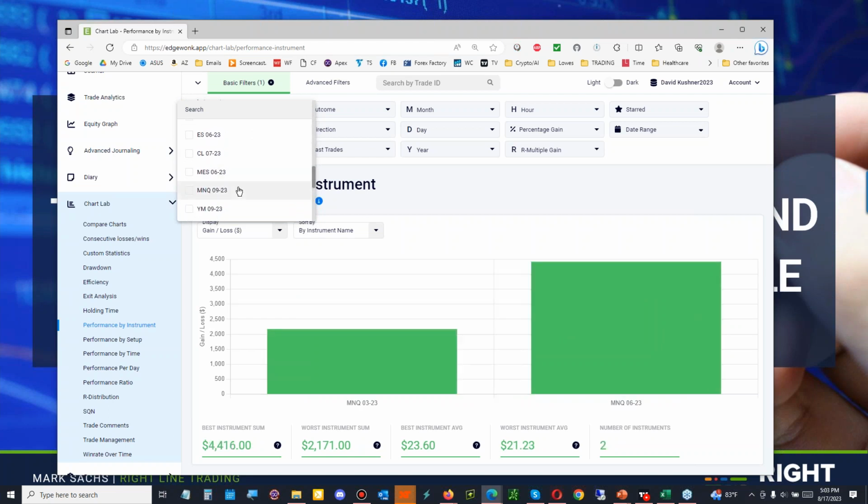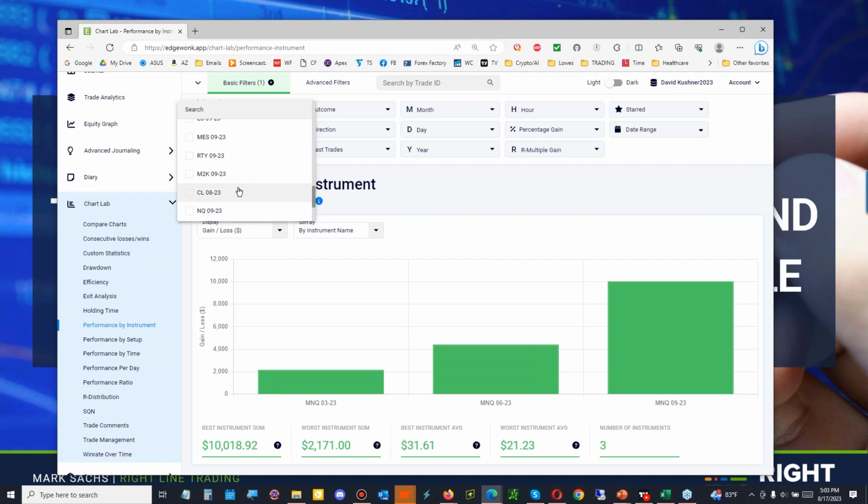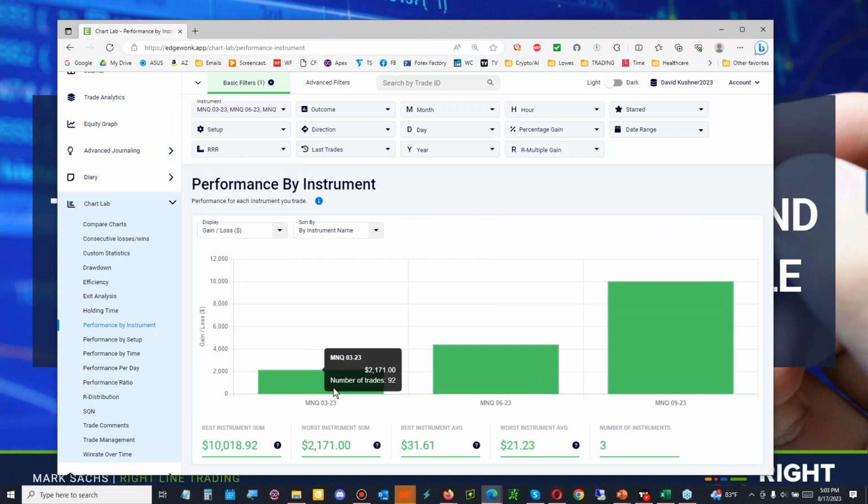Right? And here's MNQ. So this was the March contract. We did 2,000. This was the June contract. We did 44.16. And look, we're up $10,000 on the MNQ contract for September.